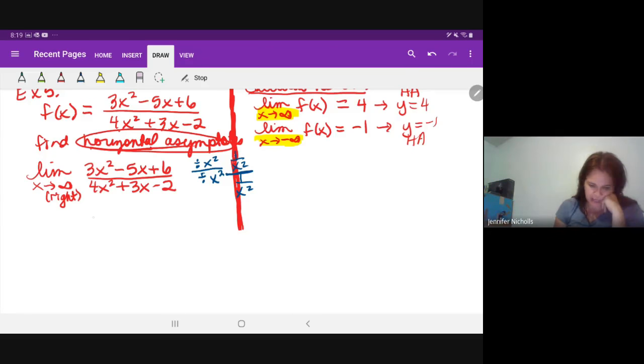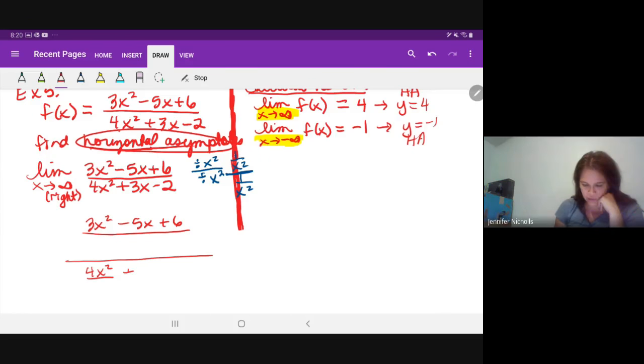So this one you get 3x squared minus 5x plus 6, divided by 4x squared plus 3x minus 2. Then you put in x to the second. That was your highest power, x to the second, except my big divided by is bad.